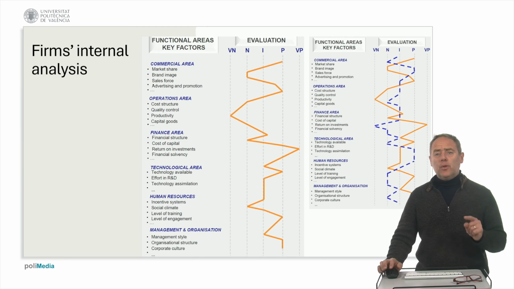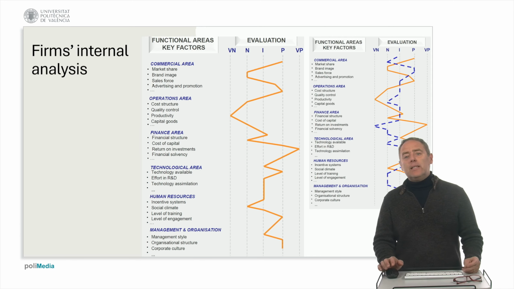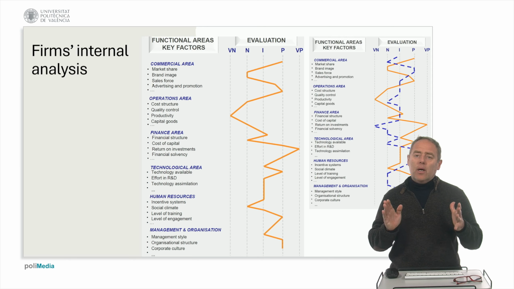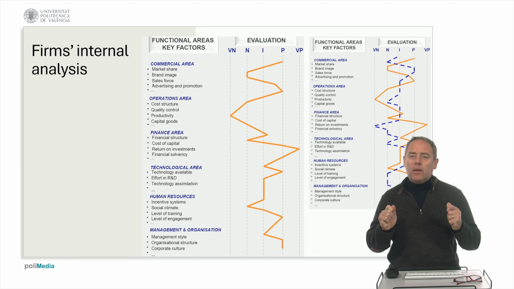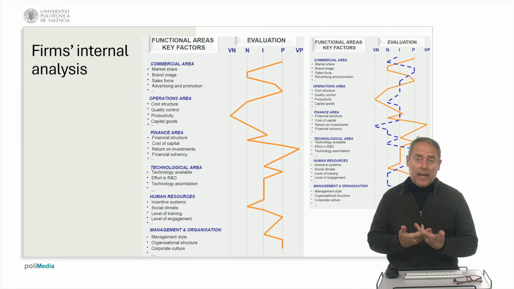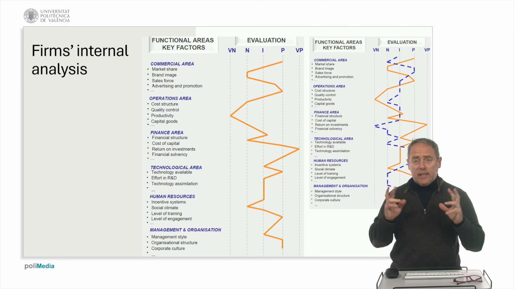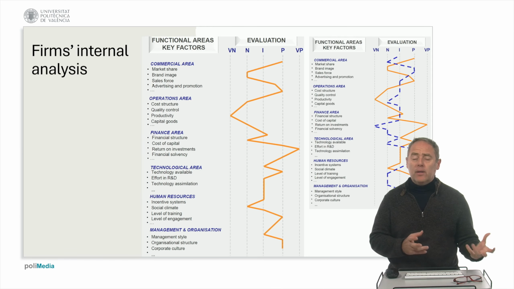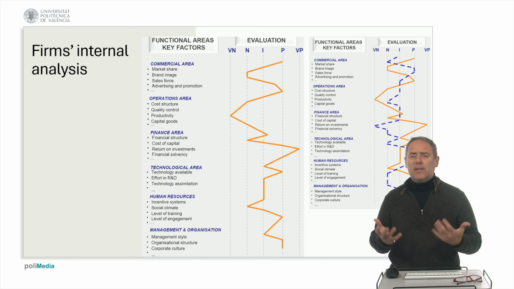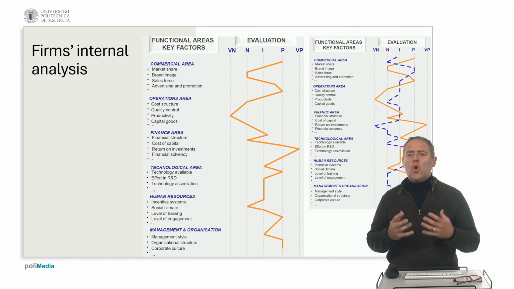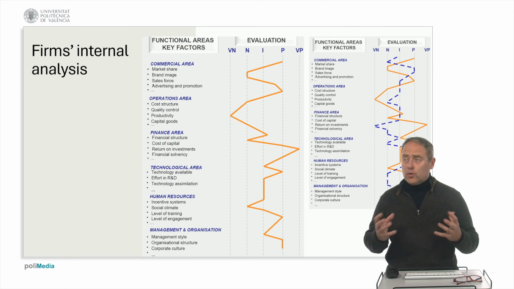Now, the idea is for you to understand that we need to look more clearly at what are those internal assets that we have, or these strengths that we mentioned before as part of the SWOT analysis. What are we talking about when we talk about core capabilities or strengths?